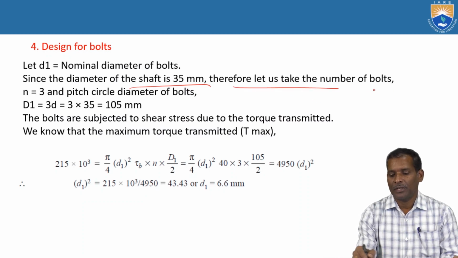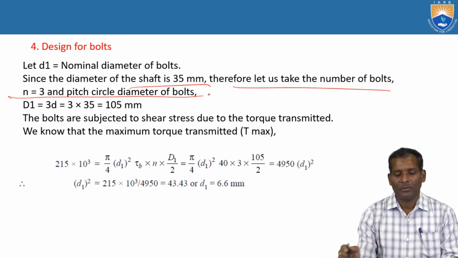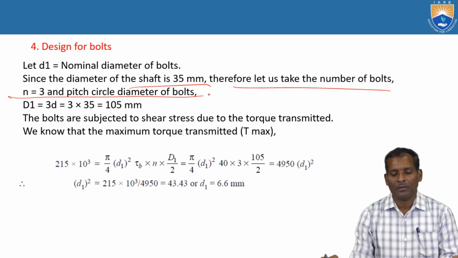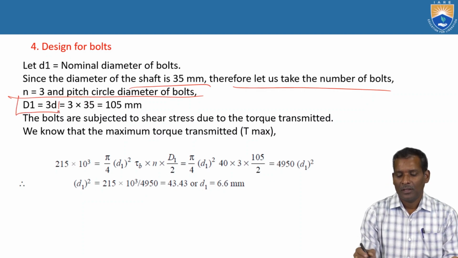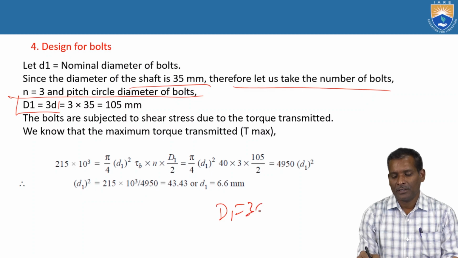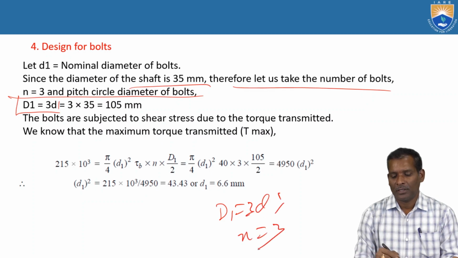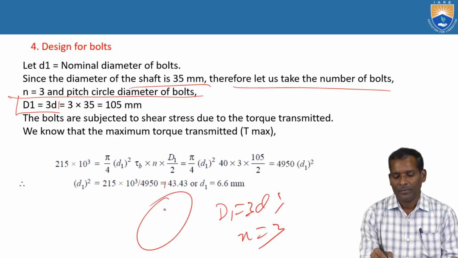You may assume the number of bolts and the pitch circle diameter of the bolts: n is equal to 3 and the pitch circle diameter is 3D. So the flange has bolts arranged like this.